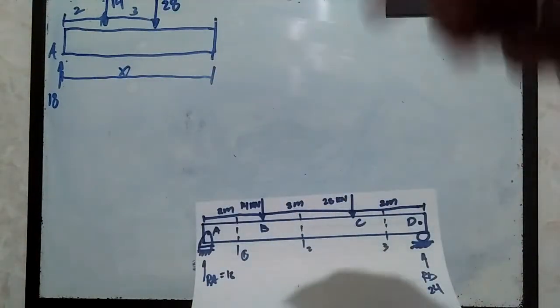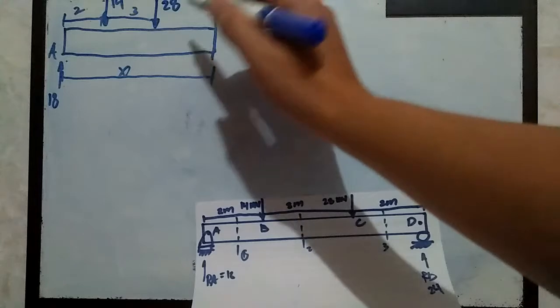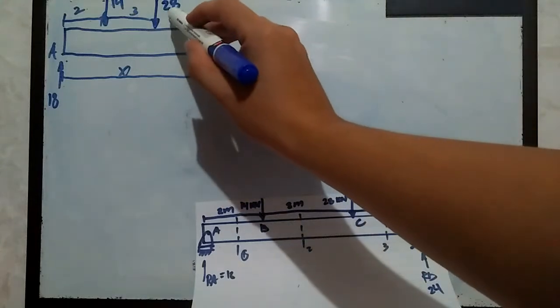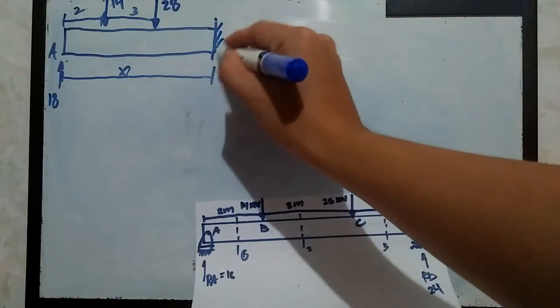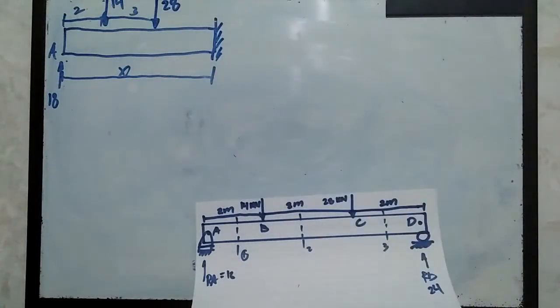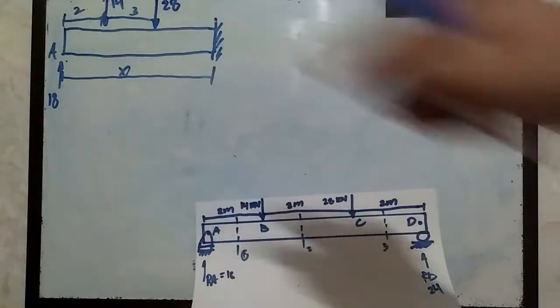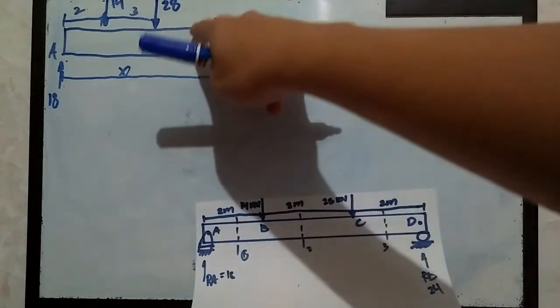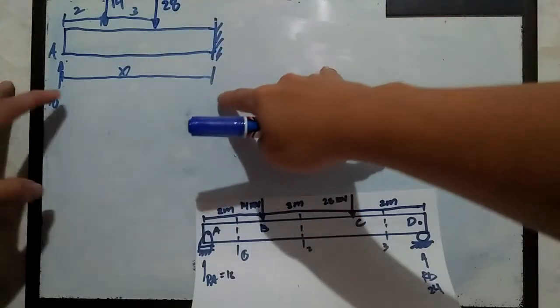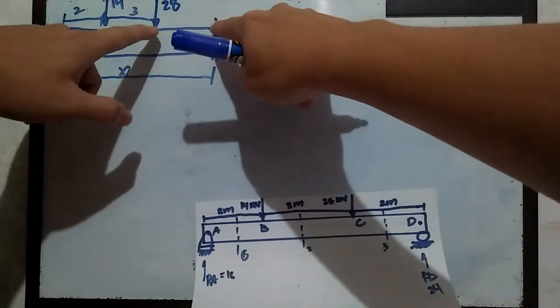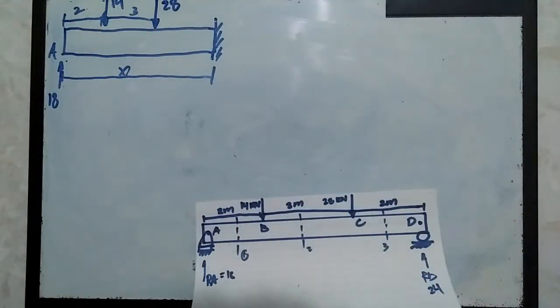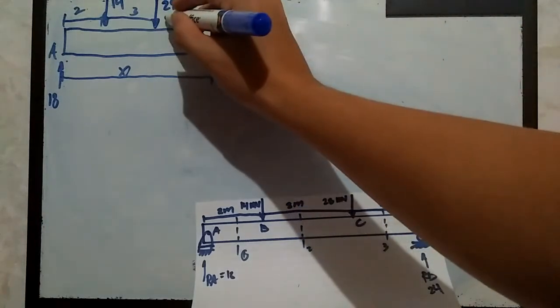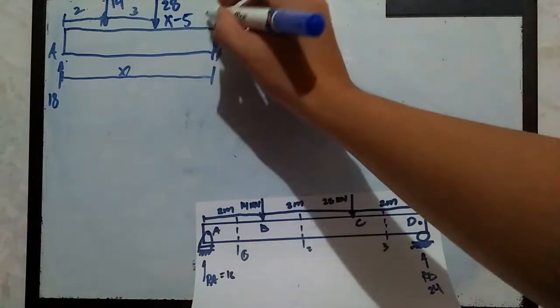And upon doing that, for this portion from 28 to the area where we managed to cut that section, we just need to add 3 and 2 to get the difference between the whole length and this one. So this one is X minus 5.